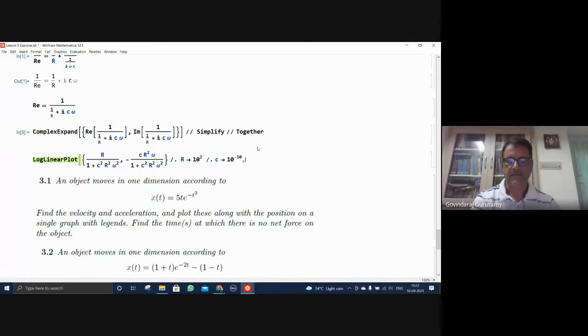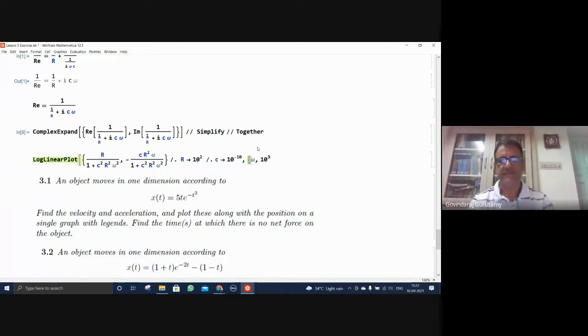Okay, now what could be the value of this omega? Can you guess what the value of omega should be? Go to a range of, say, somewhere about 10 power 4 or 10 power 3. Let me take from 10 power 3.